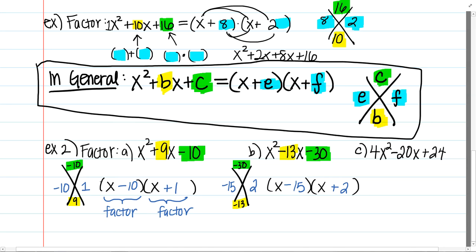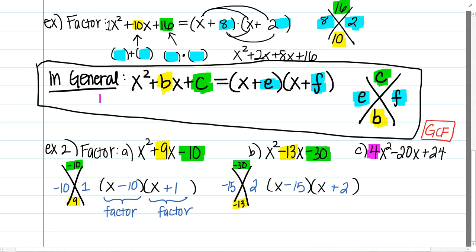C is a little different. If you'll notice, there is a number in front of the x squared. That number is 4. It's not supposed to be a 4 if we're using this method. But perhaps you also noticed that there is a greatest common factor, which we learned about in a different video.